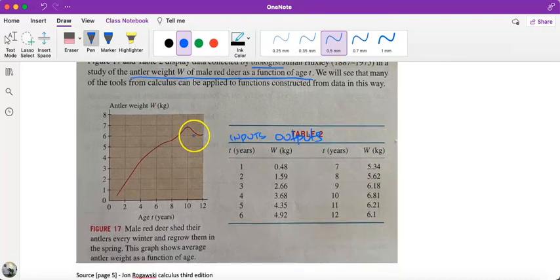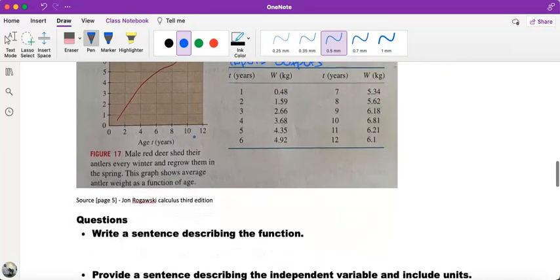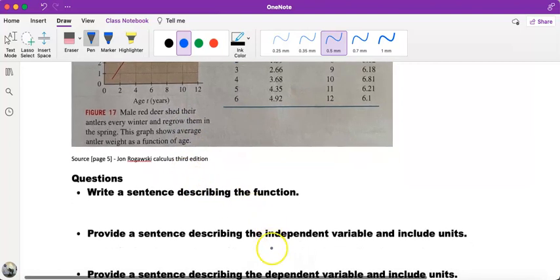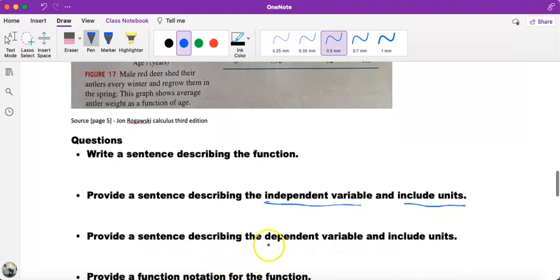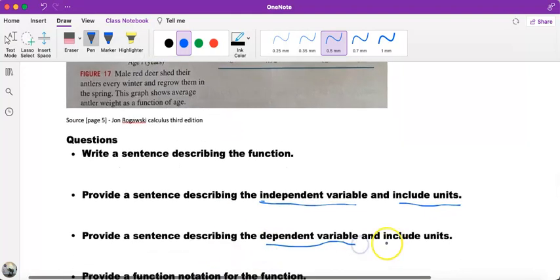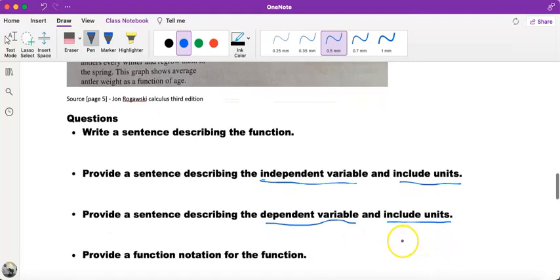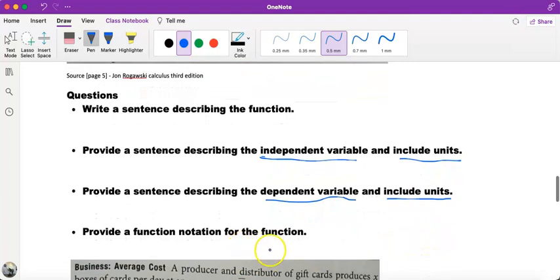And so in this particular case, write a sentence describing the function, provide a sentence describing the independent variable and include units, provide a sentence describing the dependent variable including units, and write a function notation.